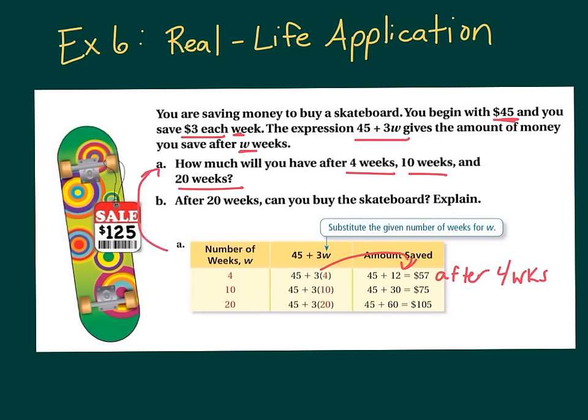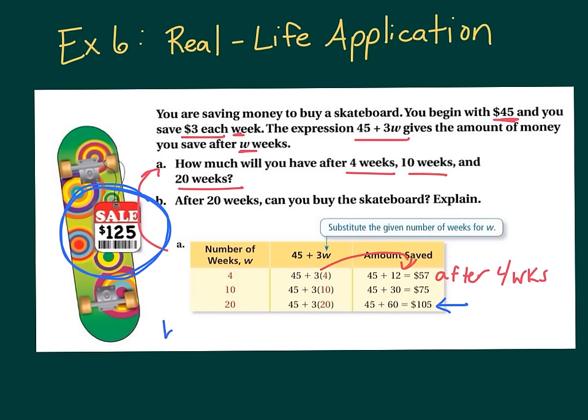Question B says, after 20 weeks, can you buy the skateboard? And so you would have to go into your original question, and you would have to notice how long you've been saving, but then you'd have to go over here and you'd have to see how much that skateboard costs, and it says it's on sale for $125. So after 20 weeks, we only have $105.